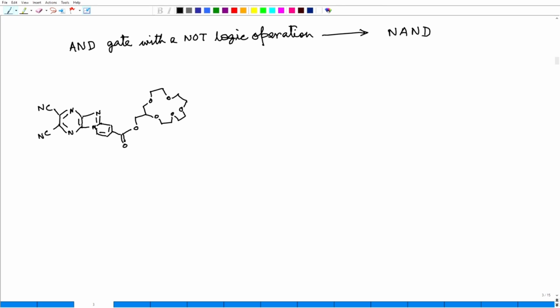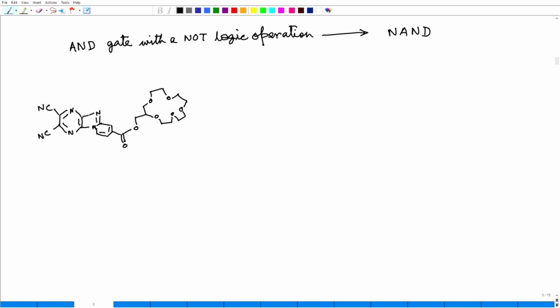In this case, what happens? If I excite it, this is my fluorophore, nothing is there. If I excite it, then what will happen?